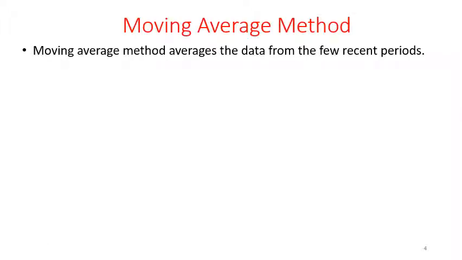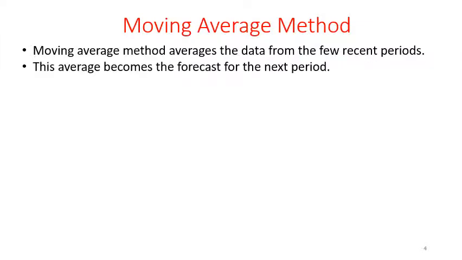The moving average method makes use of averages; it averages the data from the few most recent periods. From the list of historical data, it will make an average depending upon the moving average period specified. This average becomes the forecast for the next period.